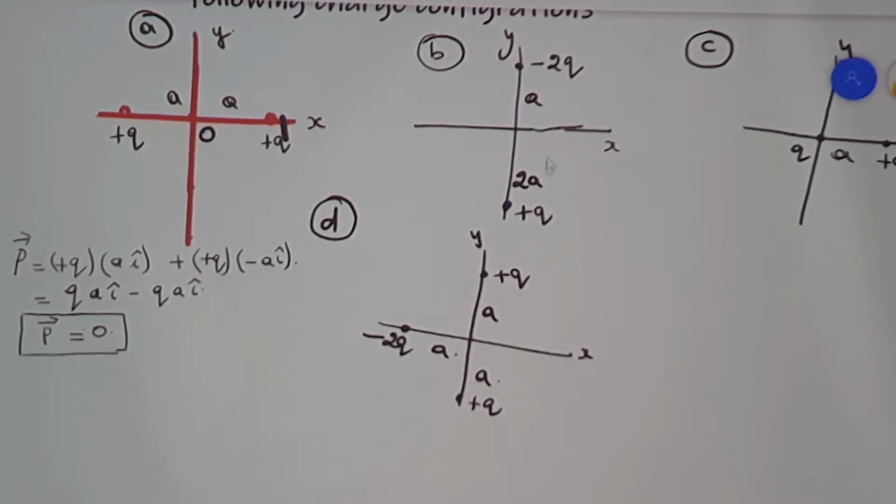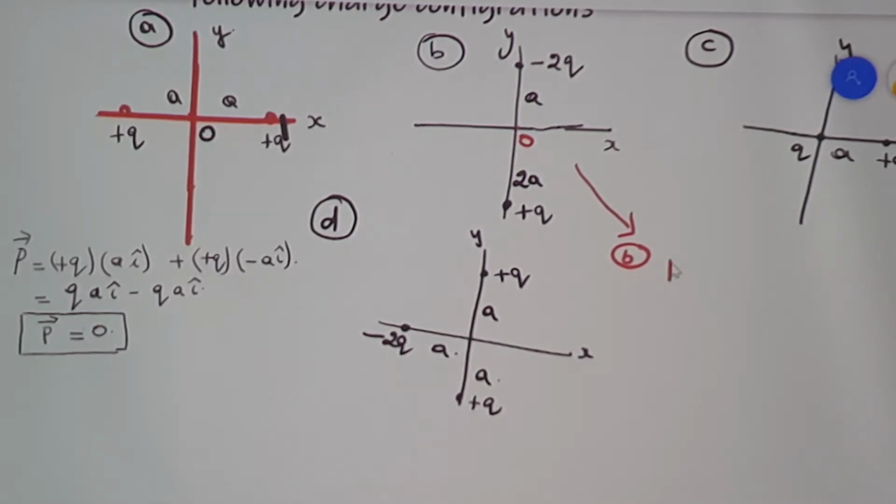Similarly, let us go for problem number 2, or problem B. Let us take the answer for this. About this origin, consider this as the positive y-axis and this as the negative y-axis.